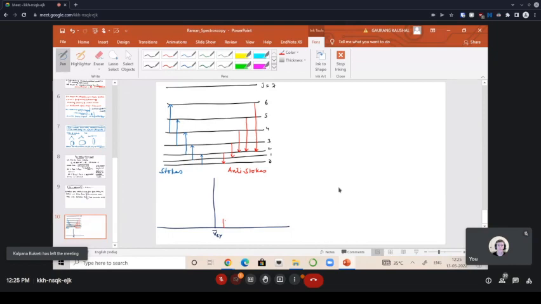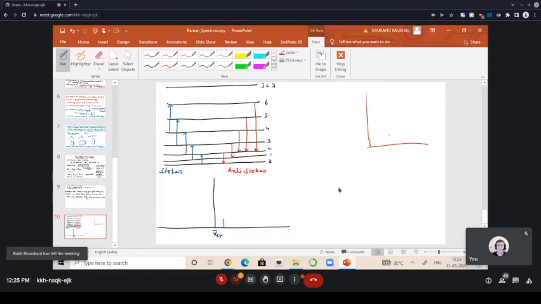How does it vary with increasing quantum number J? This is the population, or intensity.